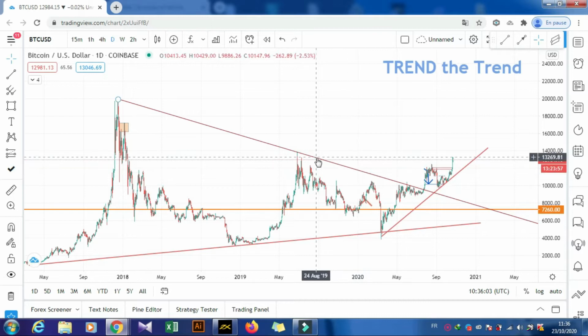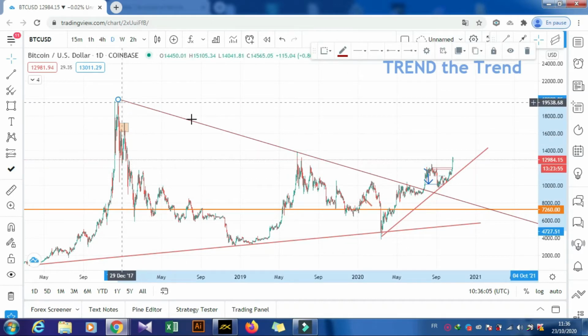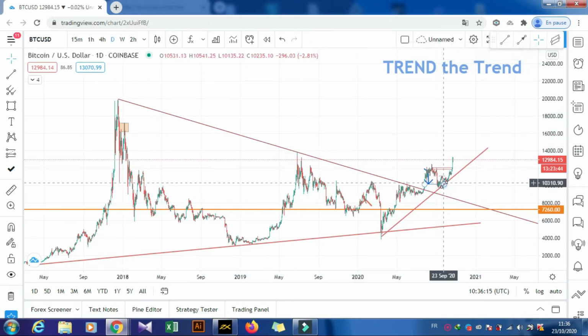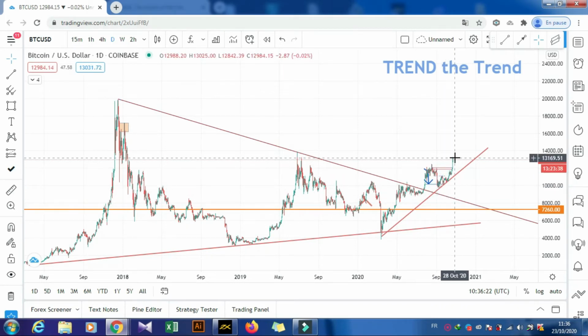Before that we could see this downtrend that's been engulfed, break a little, retest, not retesting well, but go up again to the previous high in July 2019.